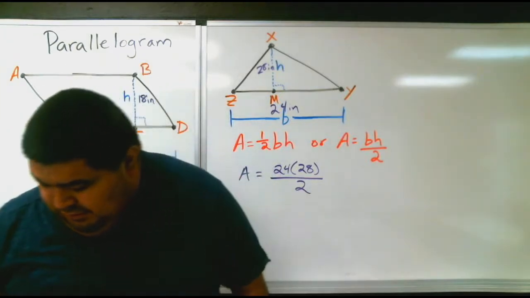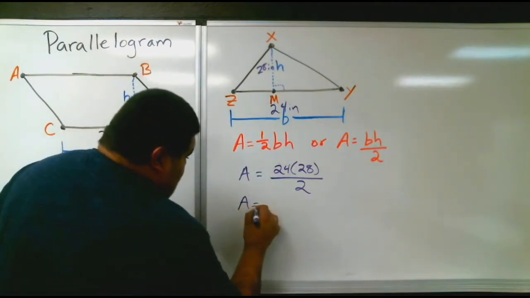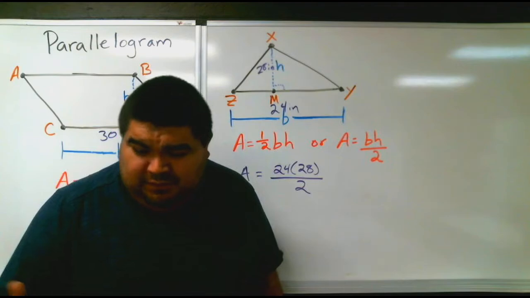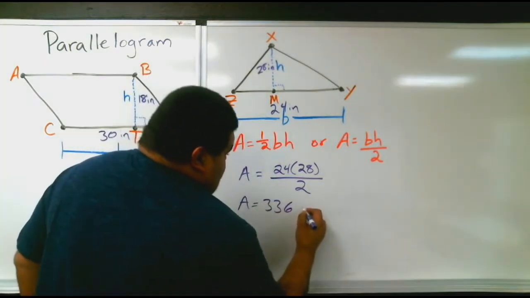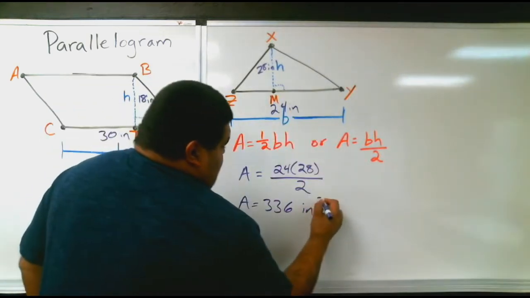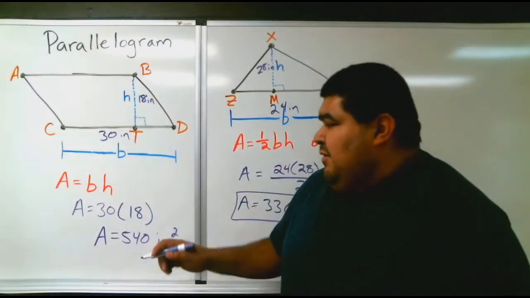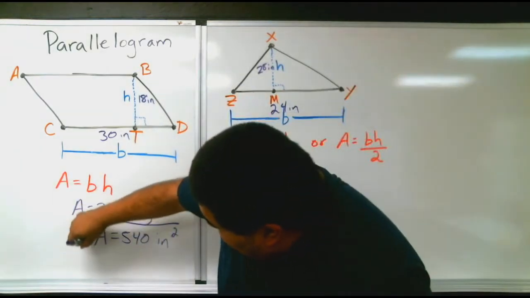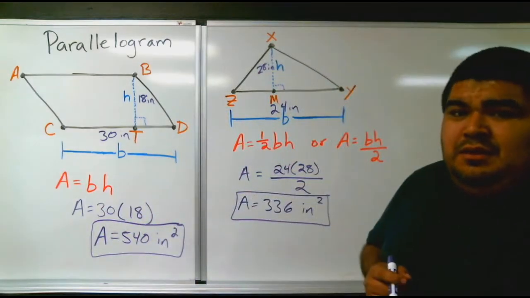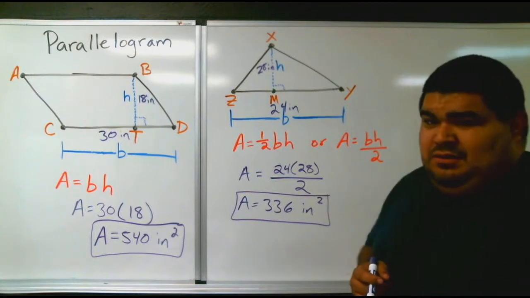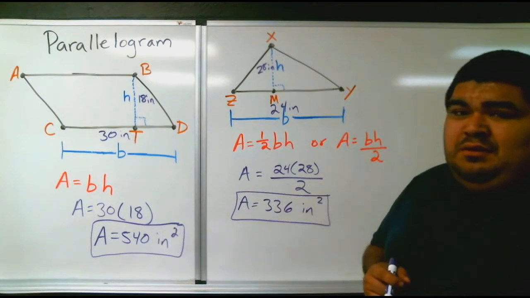So 24 times 28 divided by 2 equals 336 inches squared, because we're dealing with inches. And that is our answer. Very simple equations for today. I'm going to give you two of each. Make sure you write down the equations and the problems.